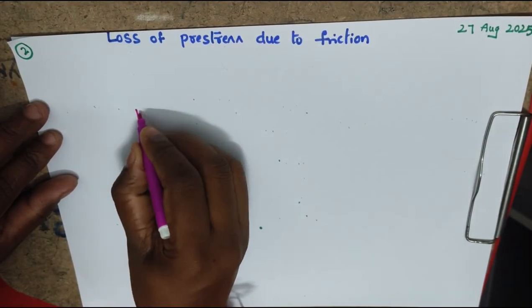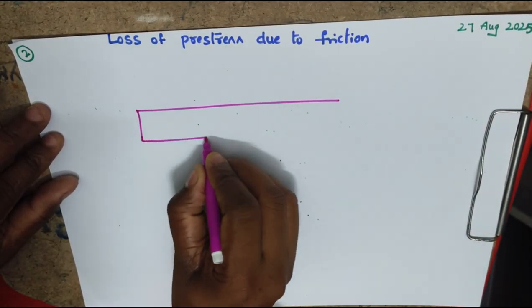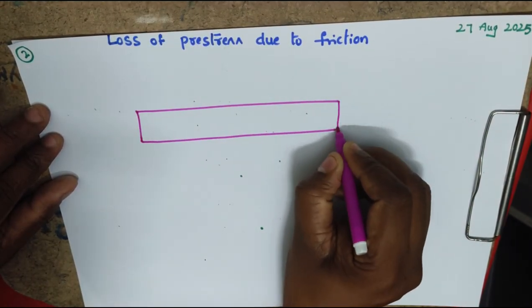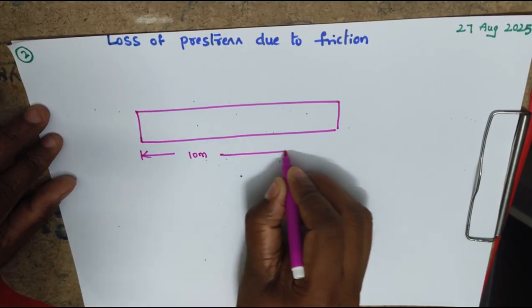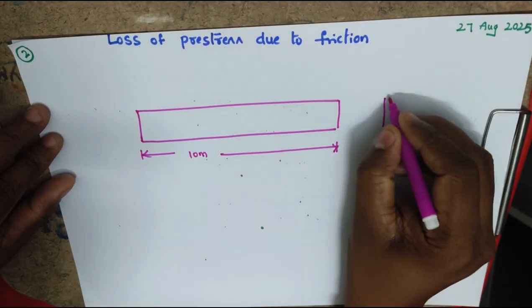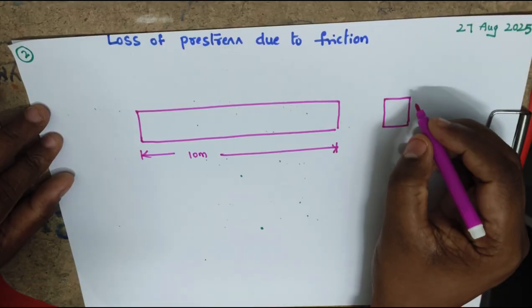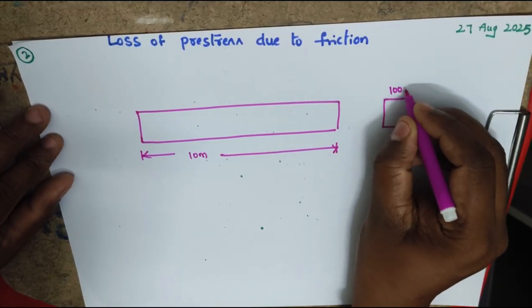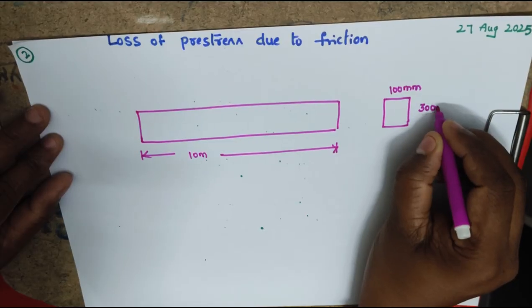Here, the pre-stressed beam of span 10 meters. This is a 10 meter span beam, right? Having a width of 100 and depth 300.